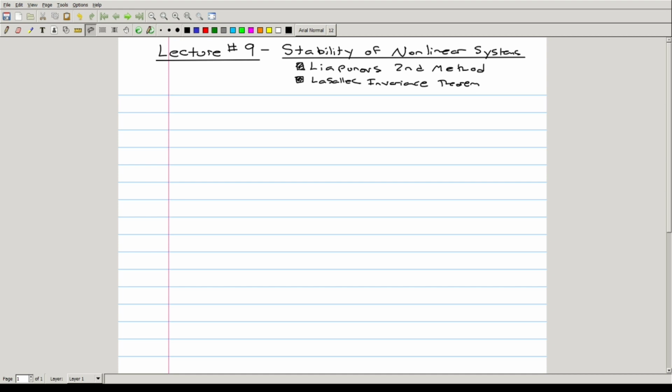So starting out, I'll start with some history behind this. In Liapunov's original (1892) work, he proposed two methods for testing stability.